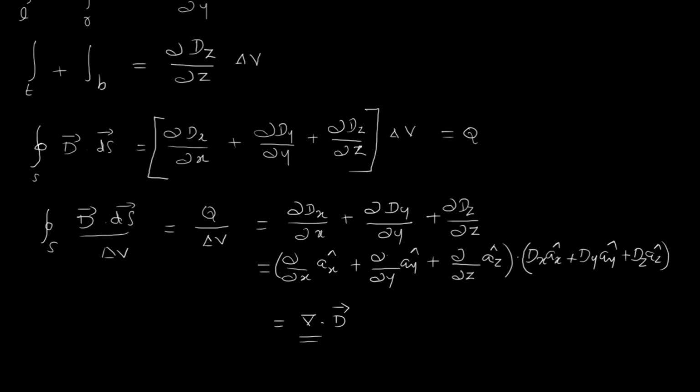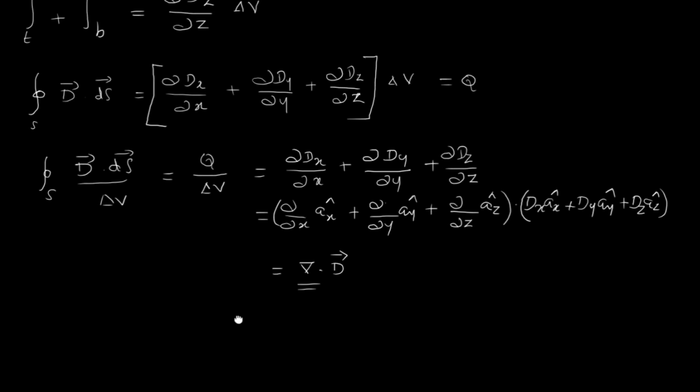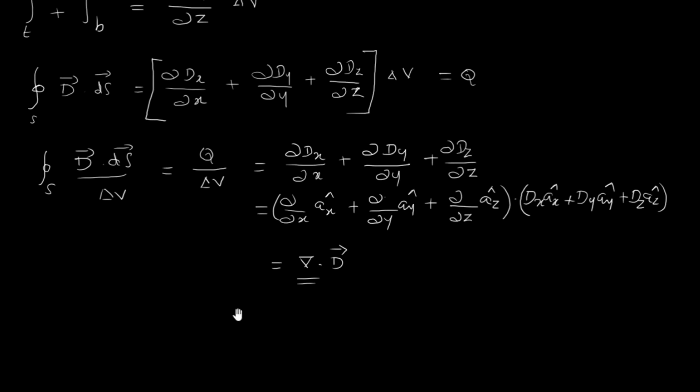Now coming to the left hand side, this evaluation of D dot dS by delta v, or Q by delta v, can be approximated as my volume charge density rho v, since delta v is very small.